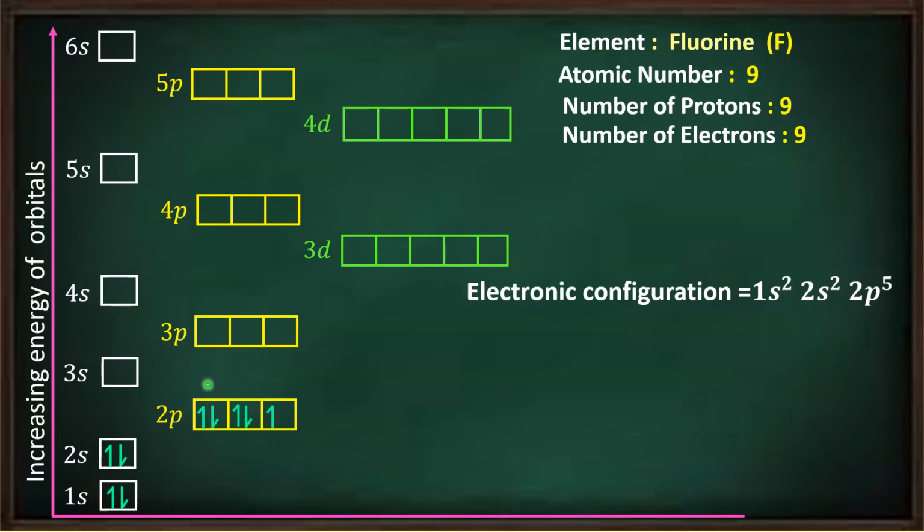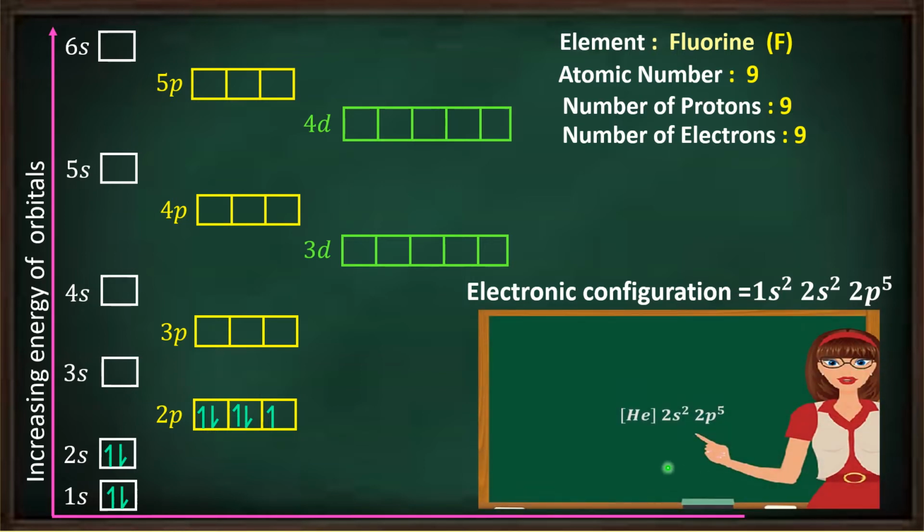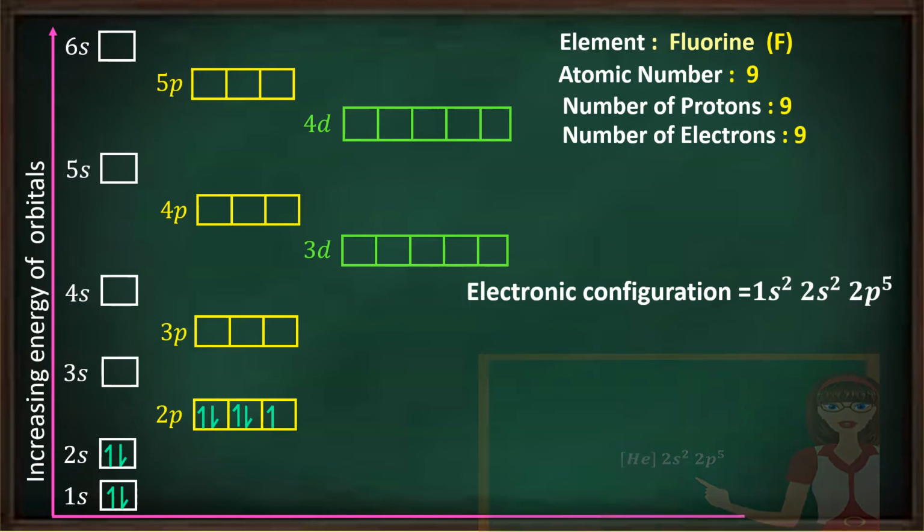Pointing upward arrow means electron having clockwise spin. Pointing downward arrow represents the electron having counterclockwise spin, that is anti-clockwise spin. So this electronic configuration can be written in the short way as helium 2s2 2p5. Okay.